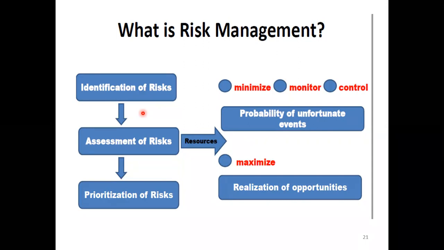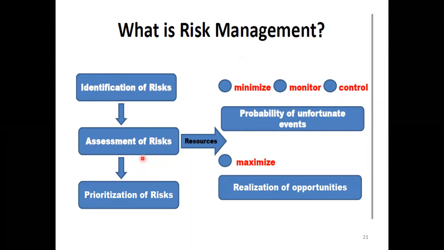So first they have to identify risk, and then evaluate the seriousness and impact of each risk. If the risk is more impactful, the organization has to take measures to mitigate such risk.